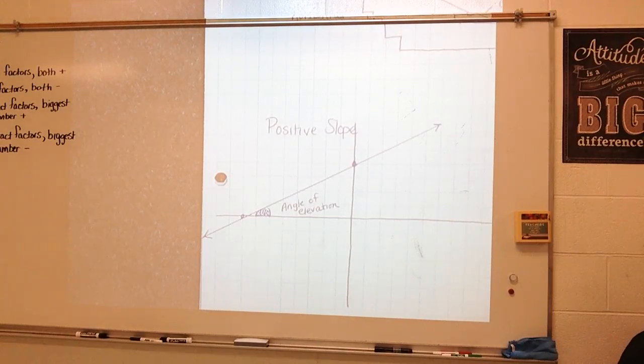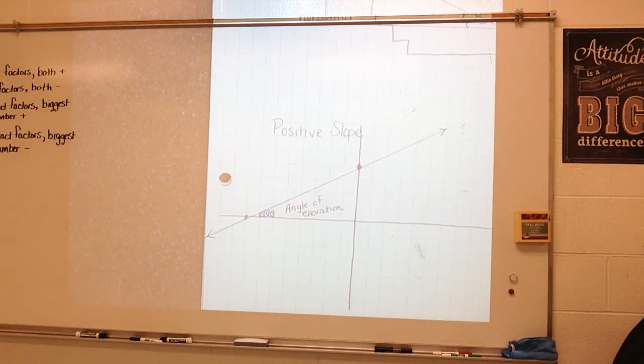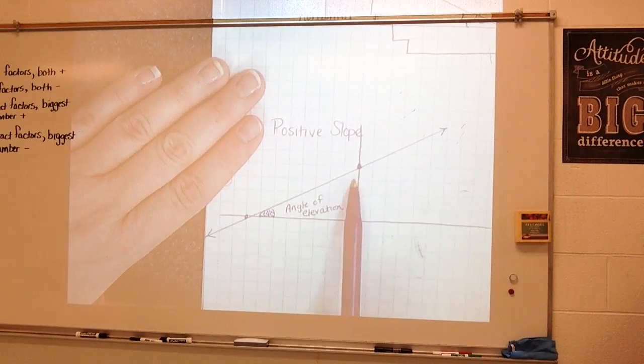Notice that the slope of the line is the tangent of the angle of elevation. Why is this true? By building a right triangle so that one leg is parallel to the x-axis, here's my leg that's parallel, and the other is parallel to the y-axis.